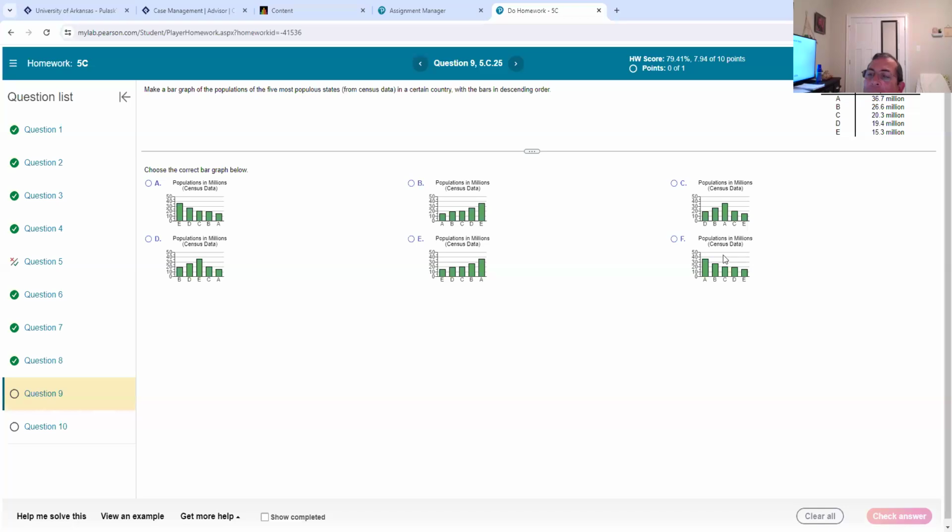And now, the reason I'm not picking the others, well, let's see which one we picking. See, look at the chart over here. See where it says state A, B, C, D, and E? A is the biggest one at 36.7 million. So if y'all look at F, A is the biggest one.